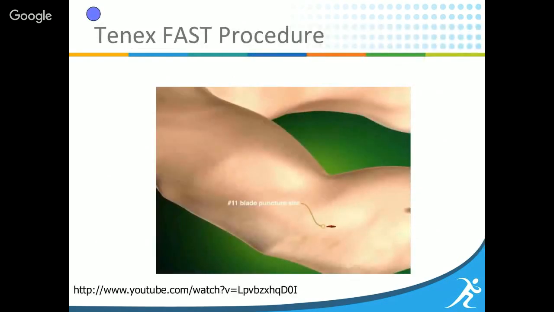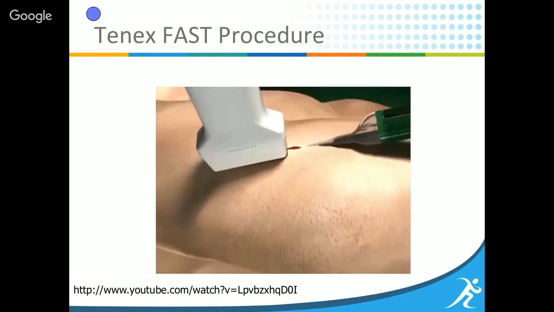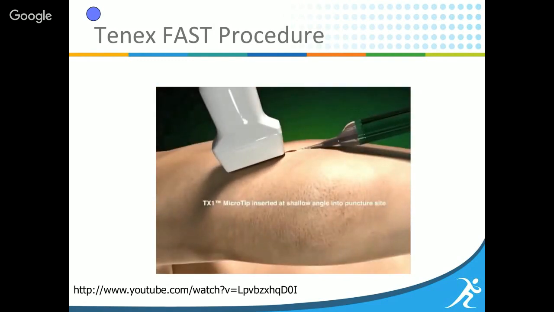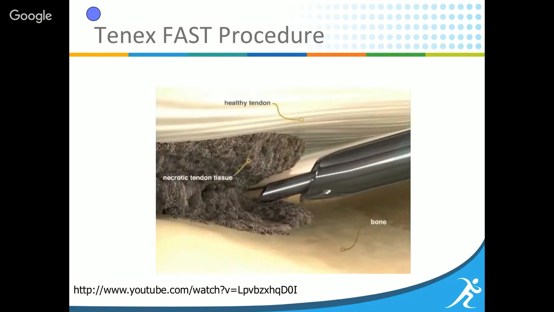So here's a video that I took from their website again. This can be done in the office under a local anesthetic. You localize the tendon that you're going for. You use a small scalpel to make a small incision, because the probe is about an 18 gauge probe.